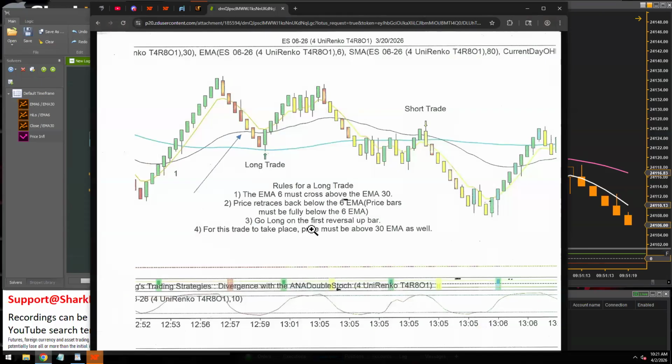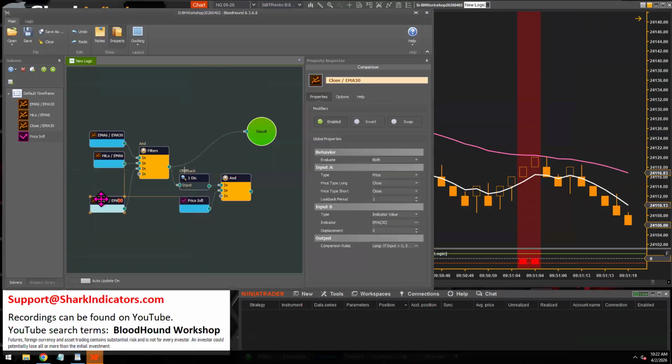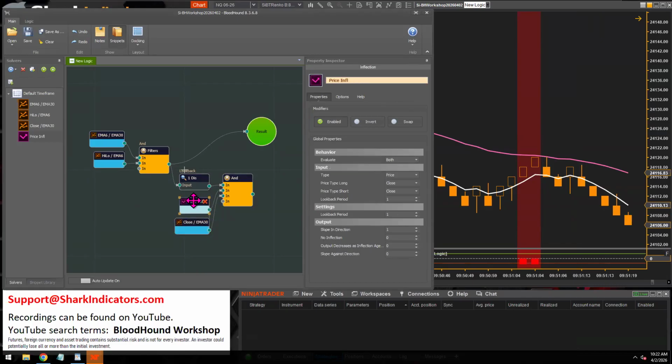Maybe rule number 4 only applies on the reversal bar, but it doesn't state that there. So assuming that rule only applies to the reversal bar, we can disconnect it there and connect it down here. Now this filter is associated with the reversal bar. This is the solver identifying the reversal bar, and this filter only applies when that reversal bar occurs.